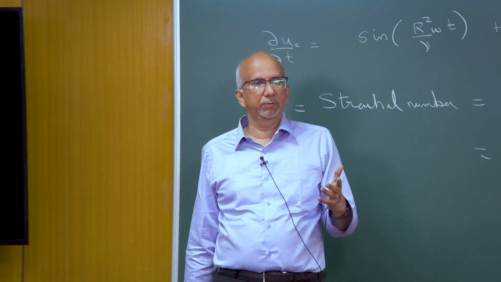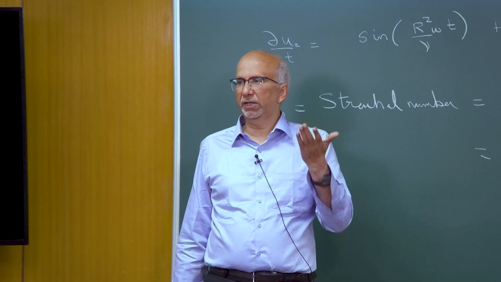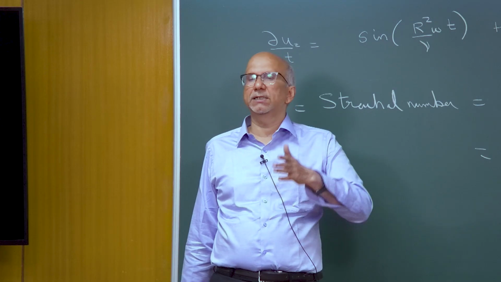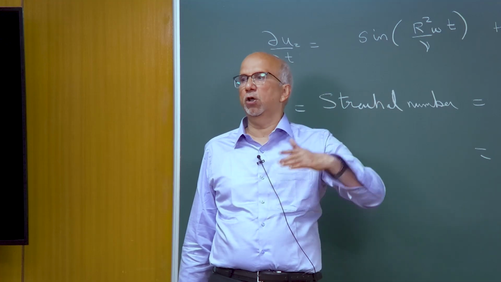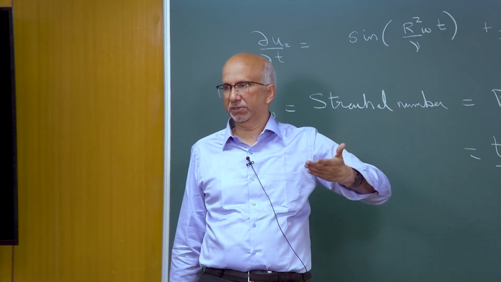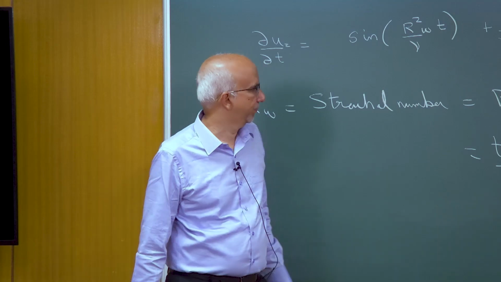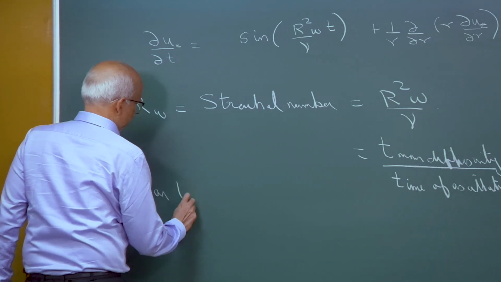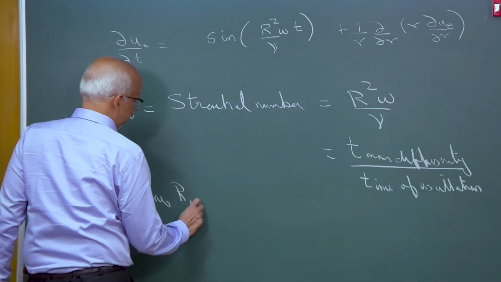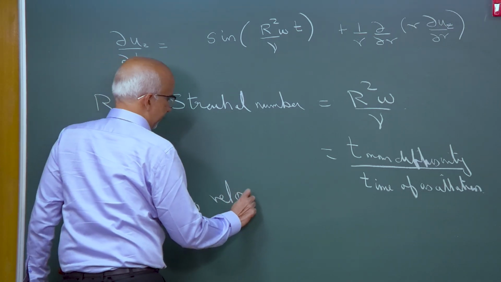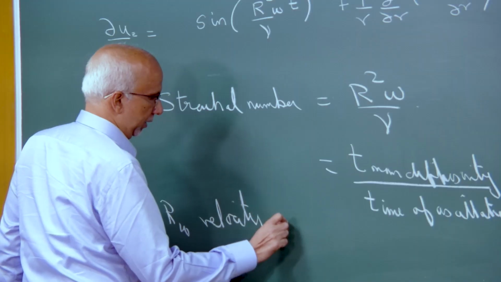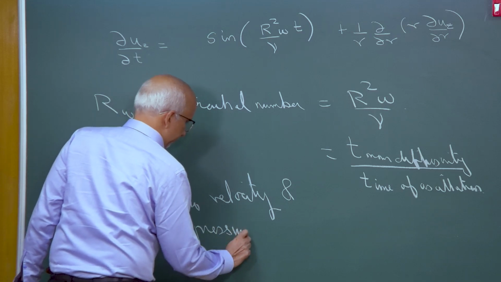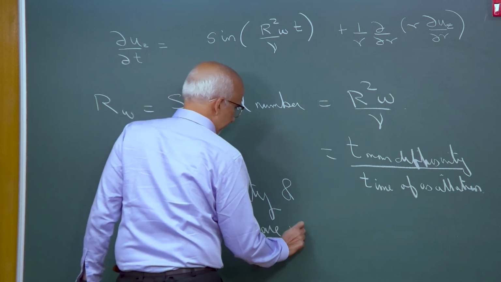And what that means is the momentum has enough time to diffuse through and catch up with the pressure fluctuation, and the velocity and the pressure are in phase, okay. So, for low Rw, velocity and pressure are in phase.